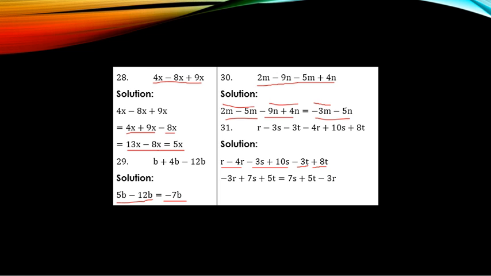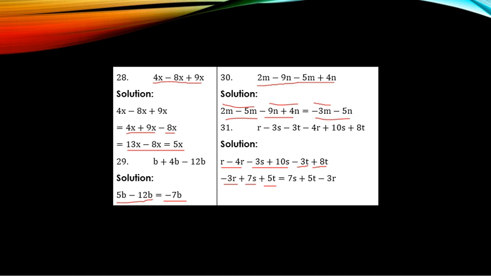Then you add. a minus 4a is minus 3a, minus 3s plus 10s, that is plus 7s, minus 3t plus 8t, that is plus 5t.